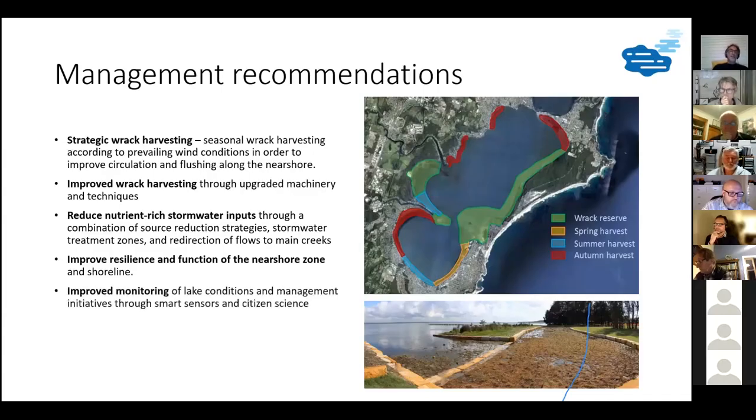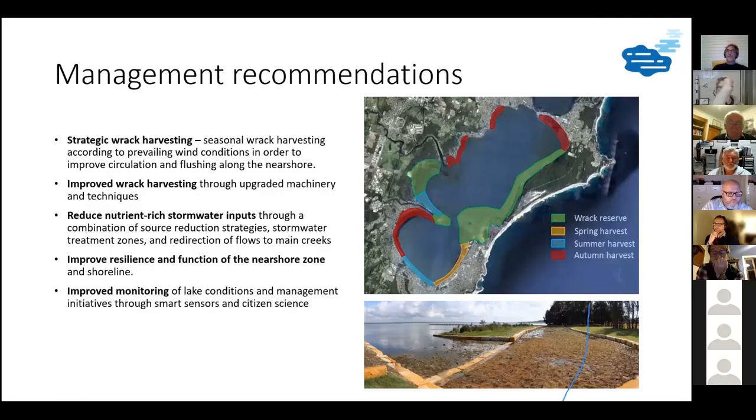And I think there's room for improved monitoring of lake conditions, and also the performance of management initiatives. Through the new emerging generation of smart sensors, so telemetered loggers, that allow you to observe water quality in real time. And also through the continued employment of citizen science.